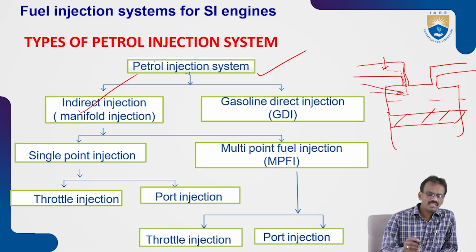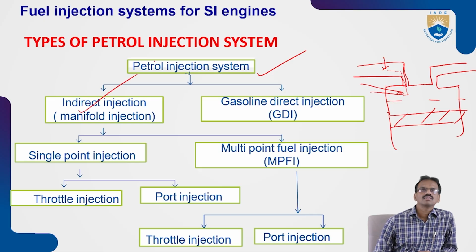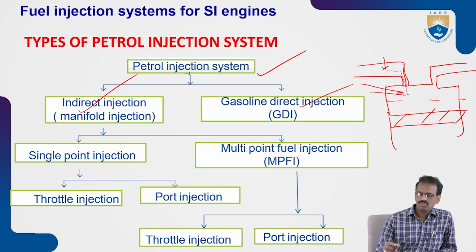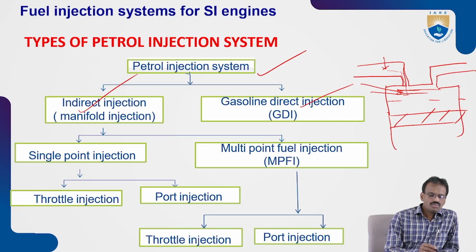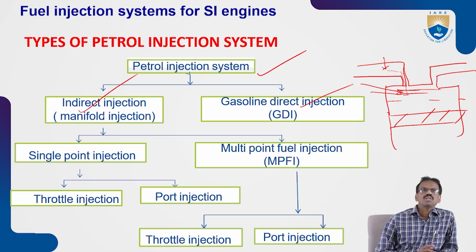The indirect injection system we can simply call manifold injection, and the other is gasoline direct injection. Direct means injecting the air-fuel mixture into the cylinder, which means into the combustion chamber directly. Next, indirect injection systems are also of two types: one is the single point injection system, the next is the multi-point fuel injection system.